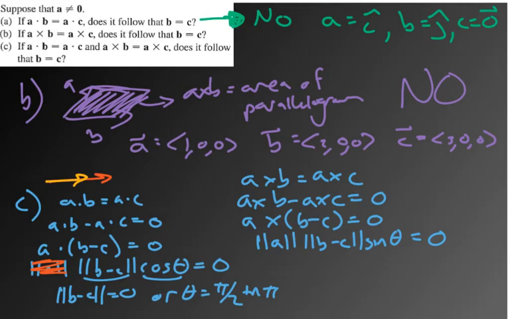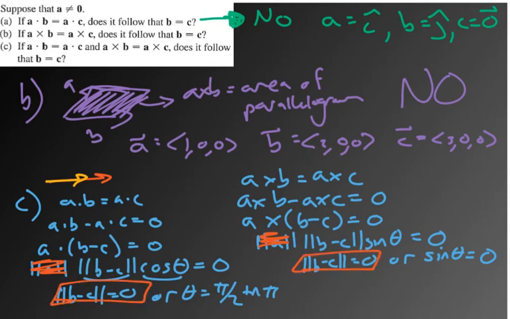Again, it can't be the A doing it, so I get rid of that. So here we either have the magnitude of B minus C equals 0 or sine of theta equals 0. But we were told that both have to happen, and the cosine and sine can't both be 0 at the same time. So the only thing that could be is that the magnitude of B minus C is 0.